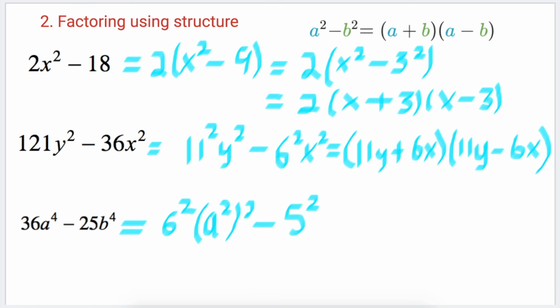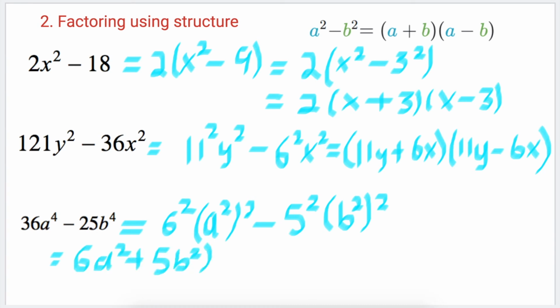So we're going to write 5 squared, and then b to the power of 4, it's going to be b squared squared. And then all we got to do now is take only the terms that are the bases of the exponents that are squared. So we're going to write 6a squared plus 5b squared, and then the other parentheses 6a squared minus 5b squared.